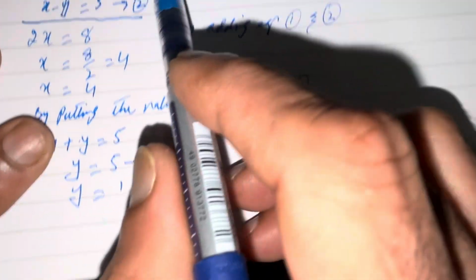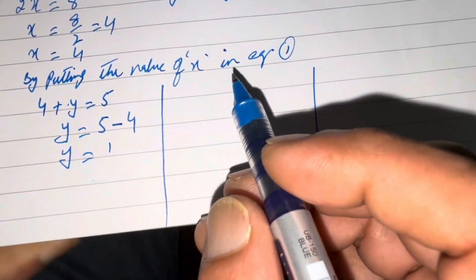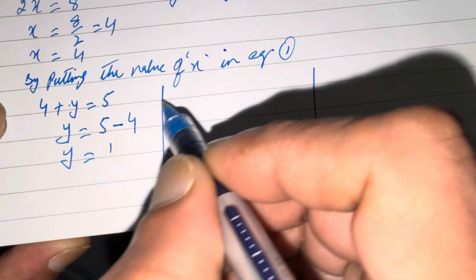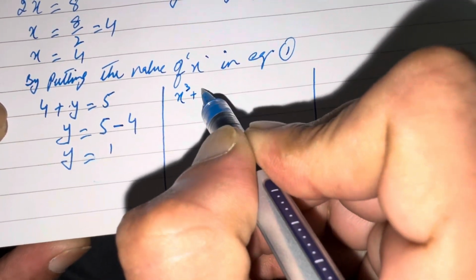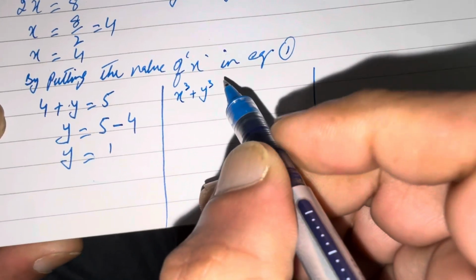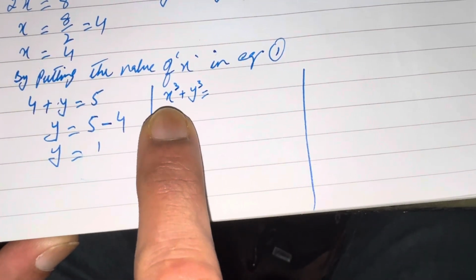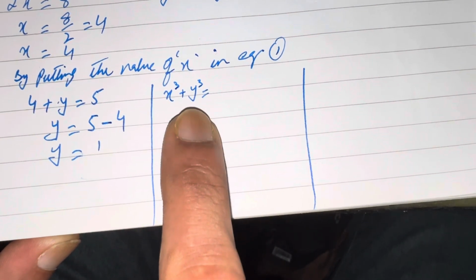So now we are going to find the value of x cube plus y cube. So x cube plus y cube will be equal to, we are going to put the value of x and y in this equation.